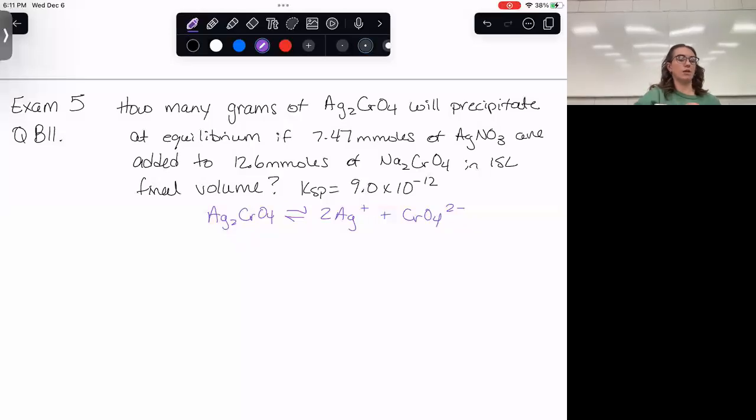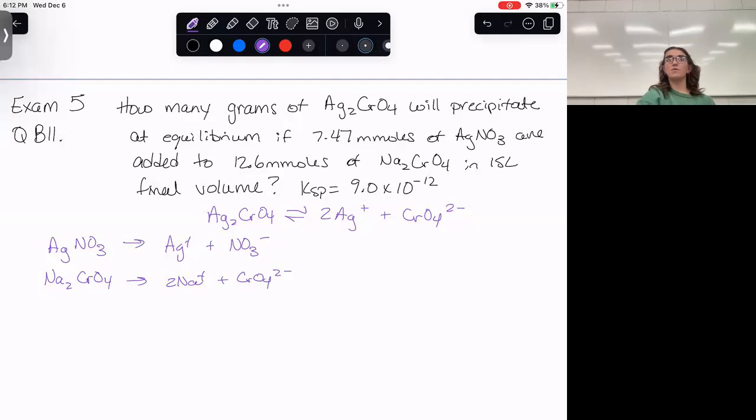Okay, but what else are we given? What are we adding? We have silver nitrate. What is that going to do? That'll fully dissociate. So this will be Ag plus and NO3 minus. What does sodium chromate do? Fully dissociate. So all of the millimoles that are being added, what does that turn into?